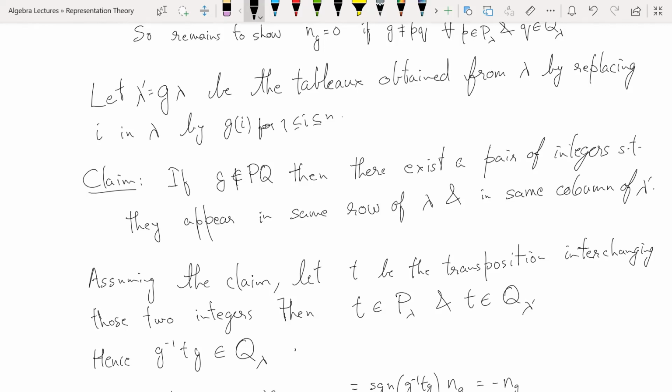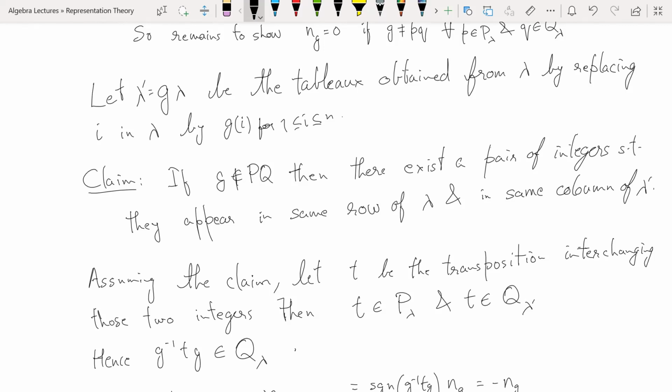Okay, so most of the entries are fixed by this, because you apply g and then t fixes it. If you take some i, and gi is not x or gi is not y, then t will not do anything, and then you apply g inverse, so you get back i.